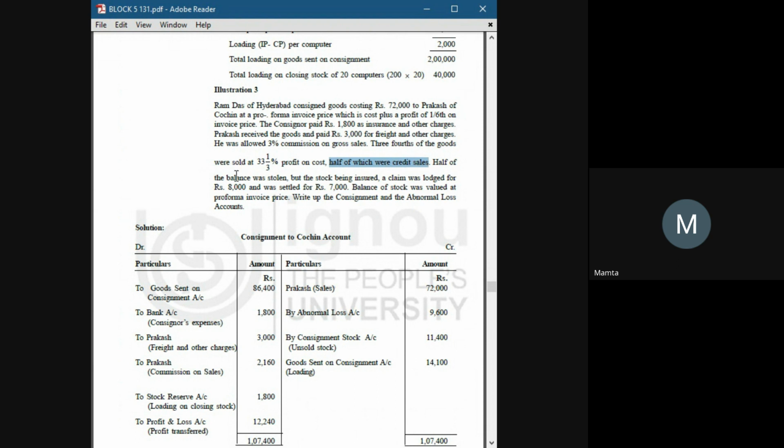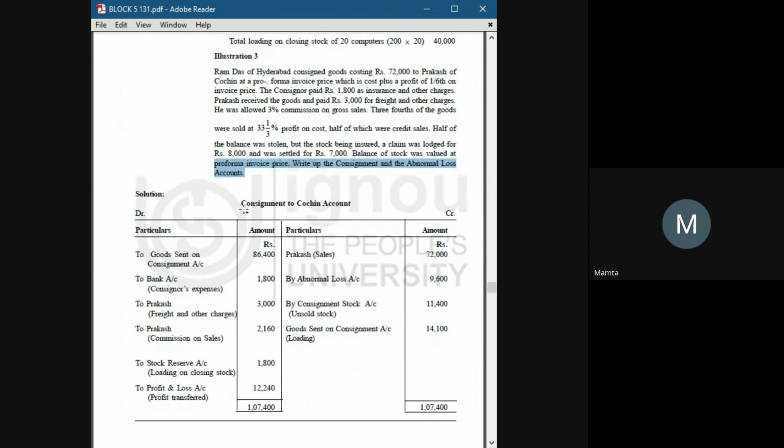Half of the balance was stolen, but the stock being insured, a claim was lodged for rupees 8,000 and was settled for rupees 7,000. Balance of stock was valued at pro forma invoice price. Write up the consignment and abnormal loss account.